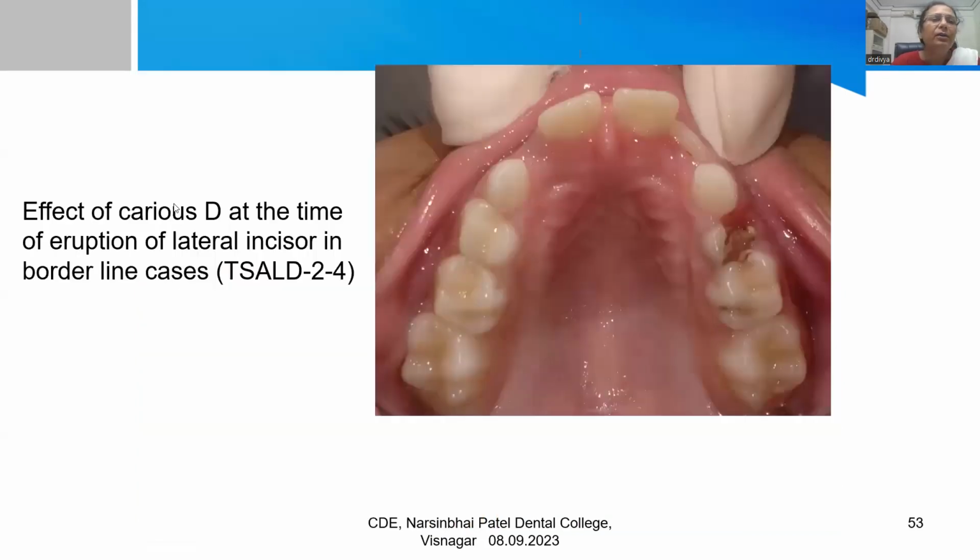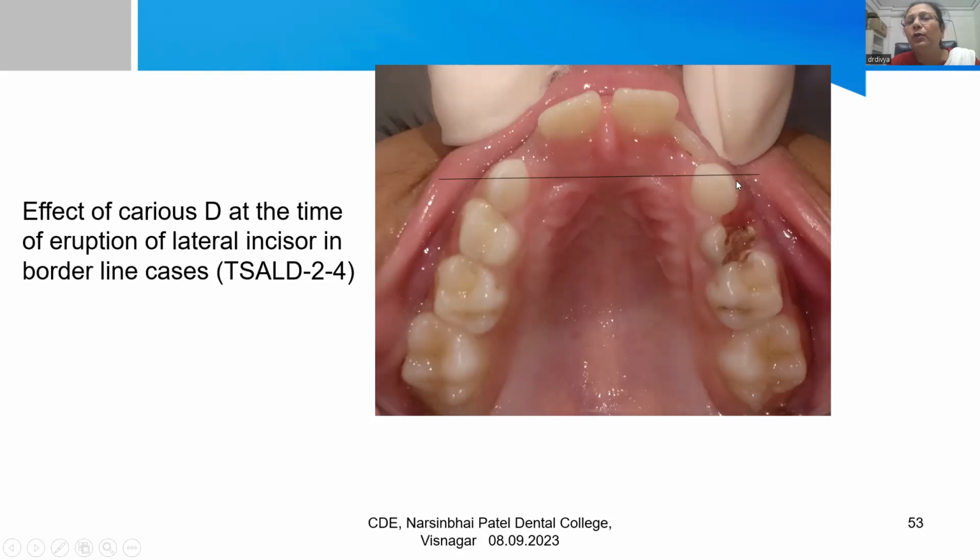Now, the effect of the carious teeth at the time of eruption of the lateral incisor in borderline cases. You can see the lateral incisor is erupting, which is putting force on the central incisor, as well as on the D, as well as on the C. So what happened? The C is moving distally only, while it should have increased the intercanine width.